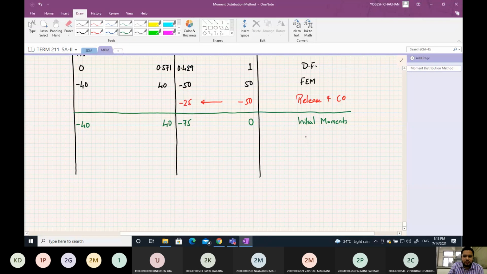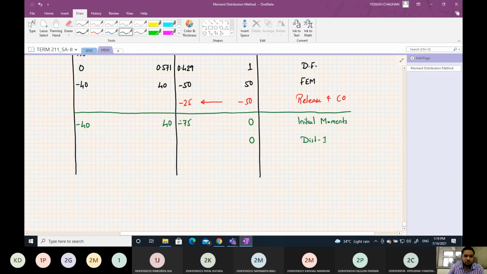So let us do the first cycle, that is distribution 1. Here the unbalanced moment is 0, so that will be 0 into 1, it will be 0 only, so it is 0. Now here the unbalanced moment is 40 minus 75, that is minus 35.